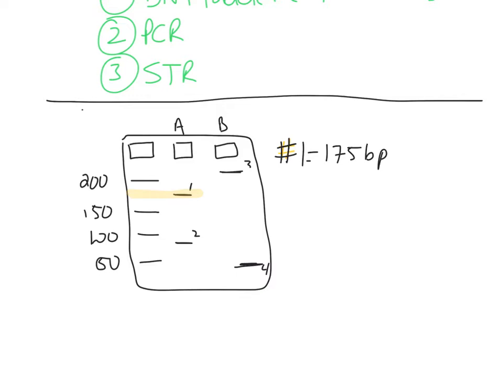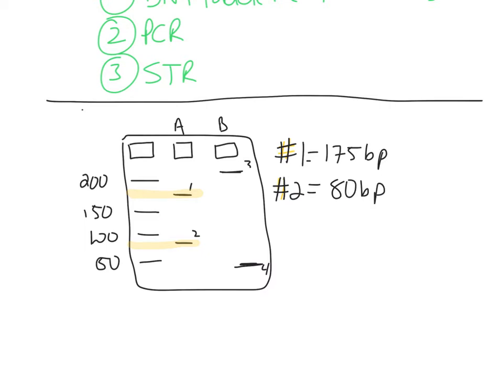We could do a graph and extrapolate like I did in class, but you could just eyeball it as well. Then let's look at these other ones. Sample number 2 is between 150 and 50, maybe 80 base pairs long.